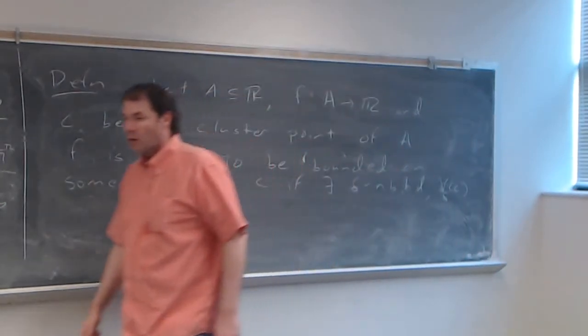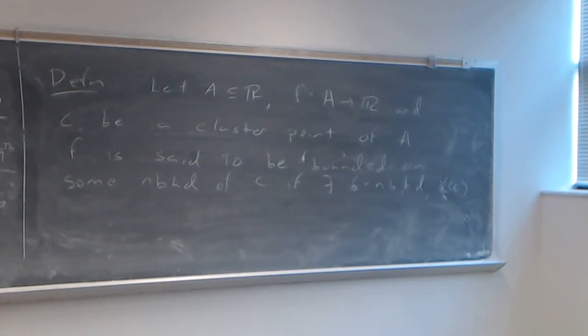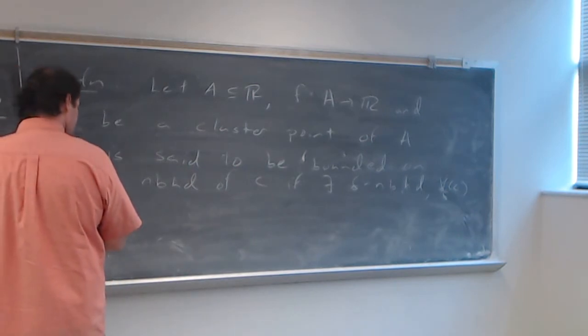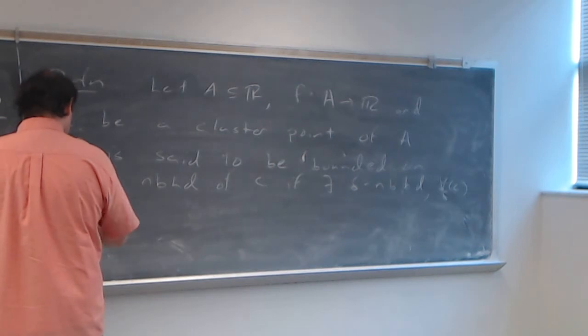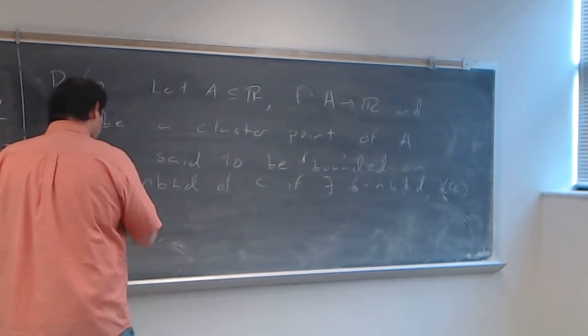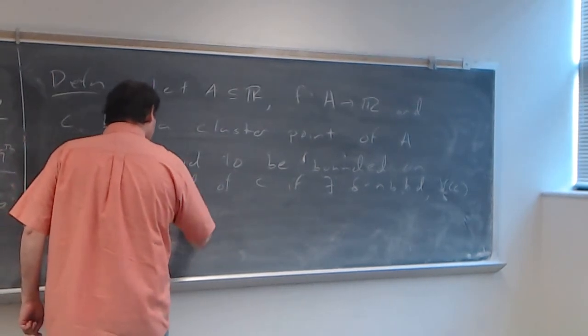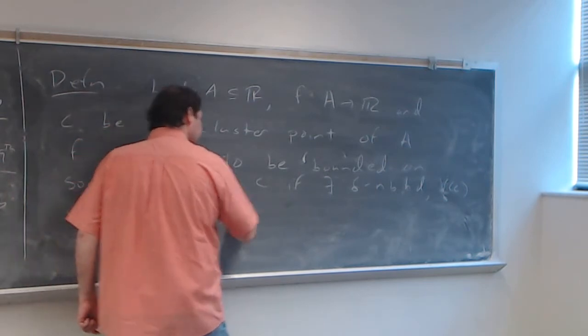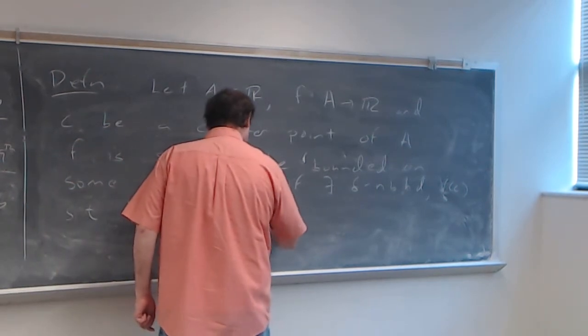So those are all the points that are within delta units of c. Such that for all x element of the domain intersected with this delta neighborhood of c.